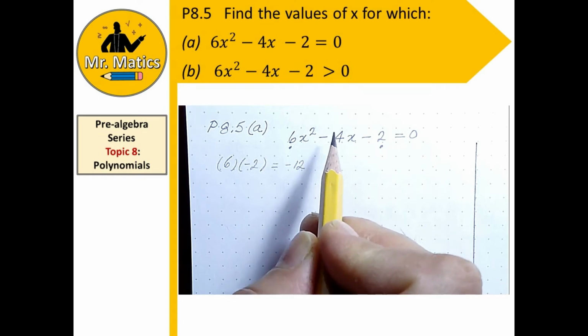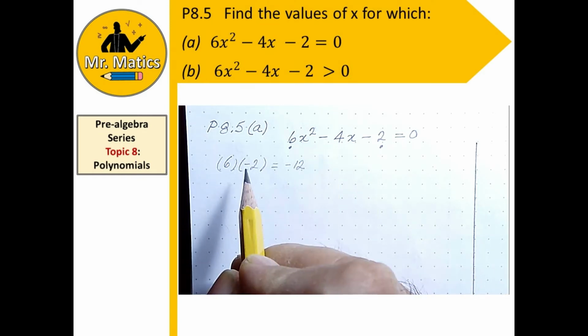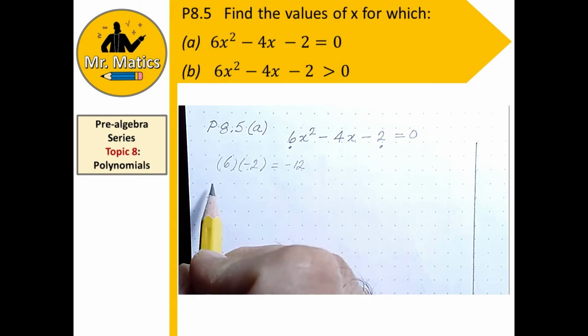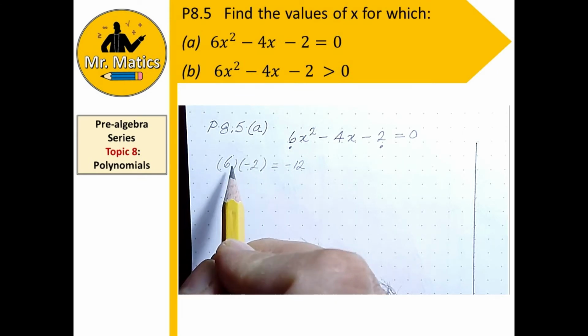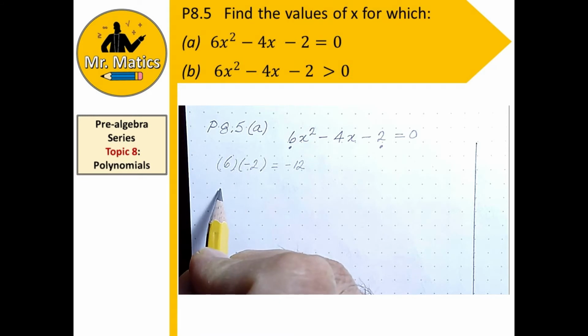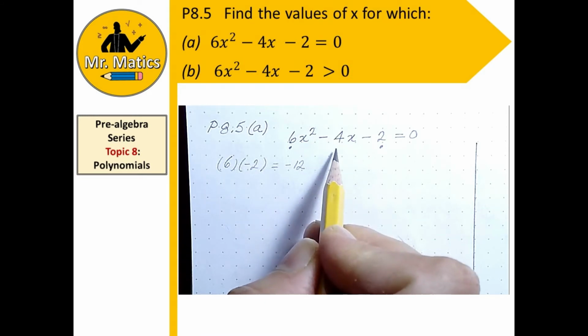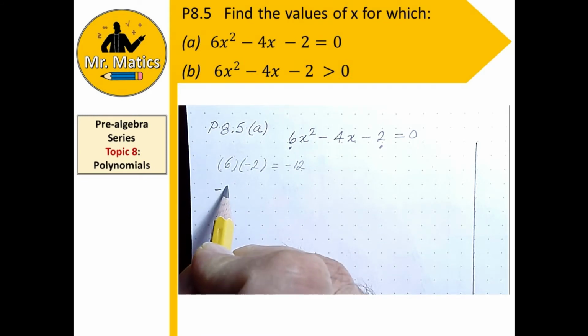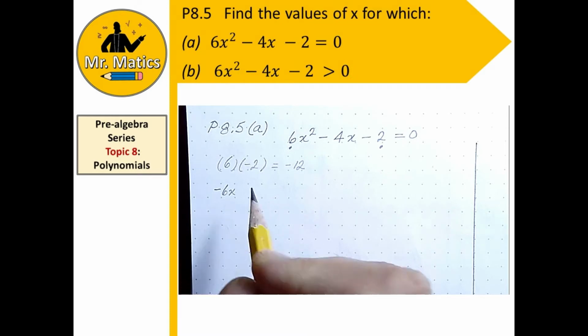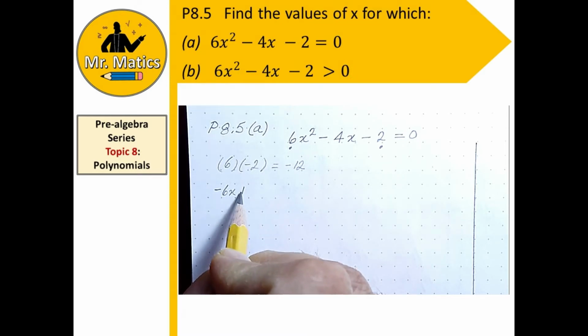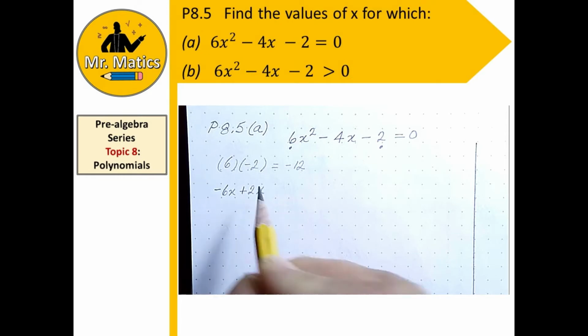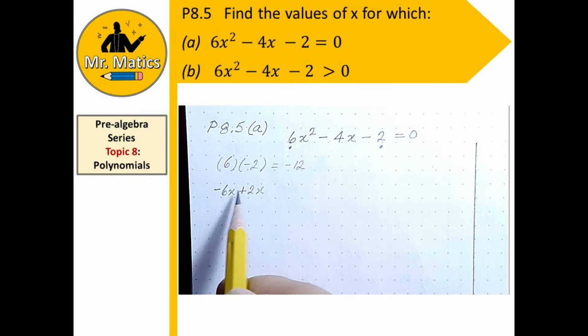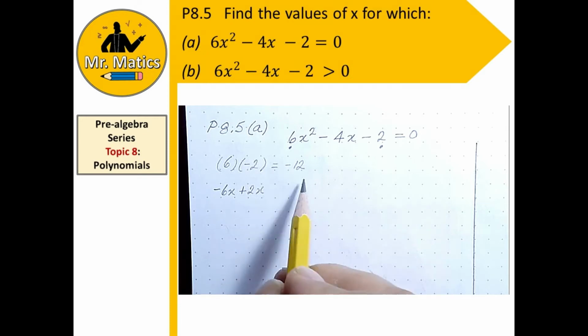So minus 4 can be broken into two parts, and we're going to use these two factors, 6 and 2, as minus 6x and plus 2x, which will give you minus 4x, and you can see that minus 6 and 2 is resulting in minus 12.